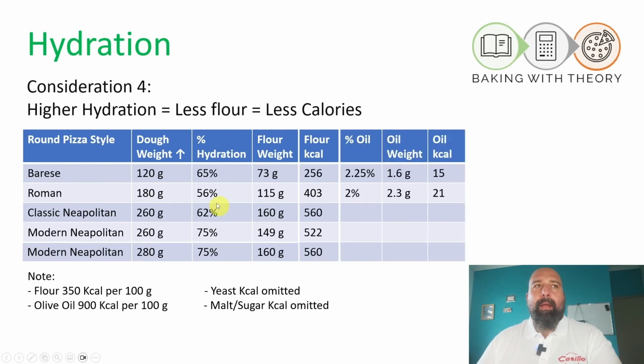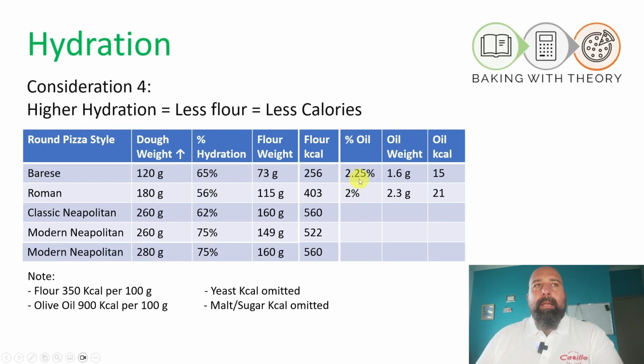Now, personally, I use oil in the Barese and in the Roman. In all the Napolitan, I don't put oil. I use a gas oven that is quite aggressive, and I don't want it to burn any of that oil. But for the Barese and the Roman, I'm using low temperature, and I'm putting some oil because it will help me to stretch it.